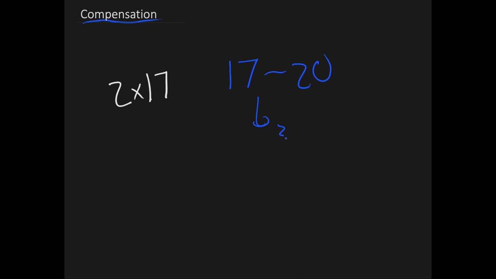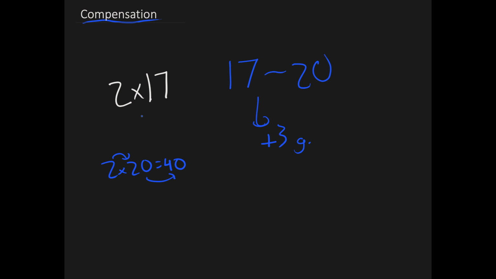We added 3. Keep that in mind. We added 3, and you're always going to write G. You'll figure out what that means. So now we have 20, and this should be simple. 2 times 20. In our previous lesson, you learned that you can just do 2 times 2, that's 4, add the 0, that's 40.